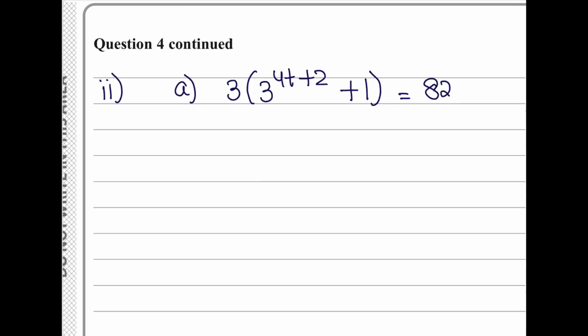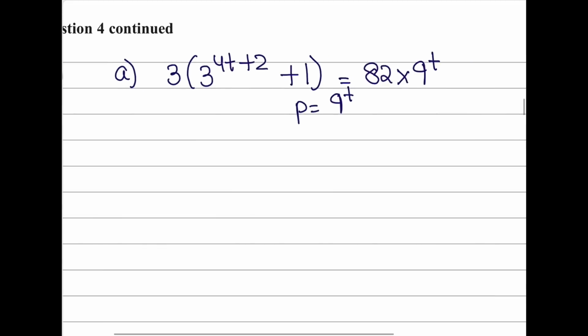So if you take part 2, and in that part A, I have 3 raised to 3 into 4t plus 2 plus 1 is equivalent to 82 into 9 raised to t. Alright, and I'm substituting p is equivalent to 9 raised to t. So first I would like to expand.